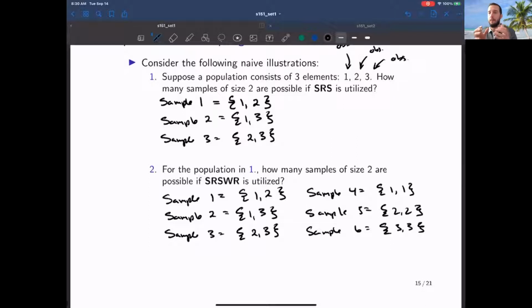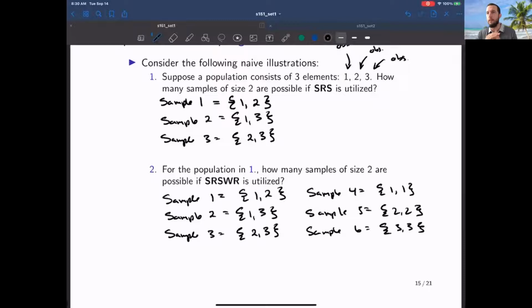And the difference here is simply that with SRS, each of our samples will have unique elements in it, whereas with SRSWR, the samples can have repetition. So you can observe a sample that has the same number repeated any number of times.